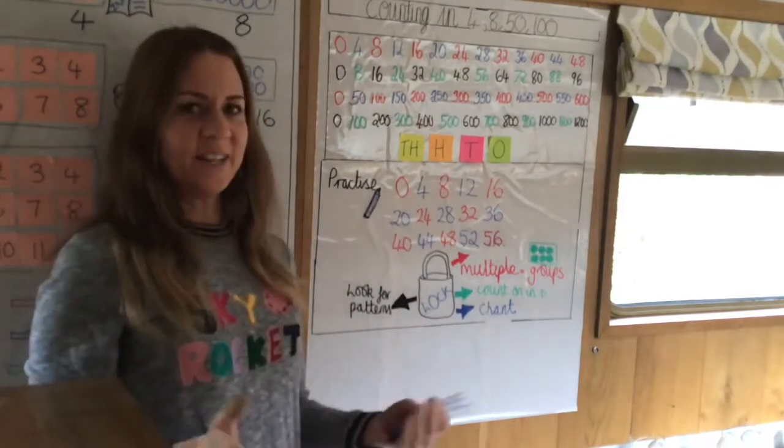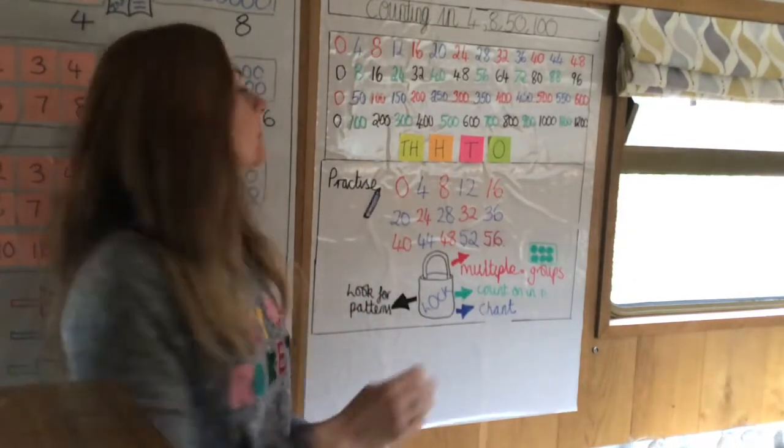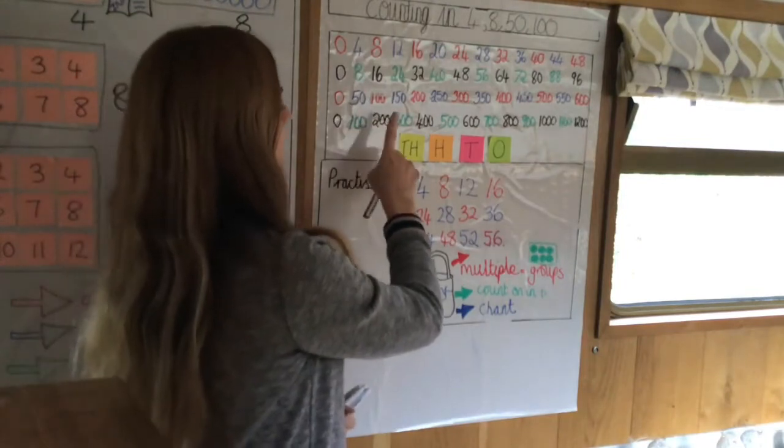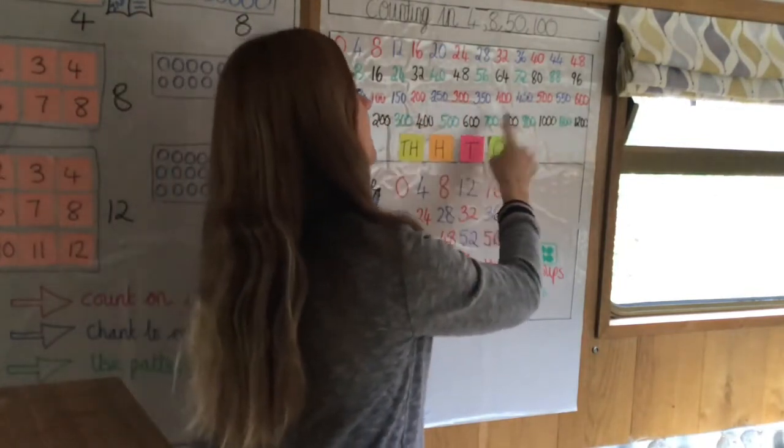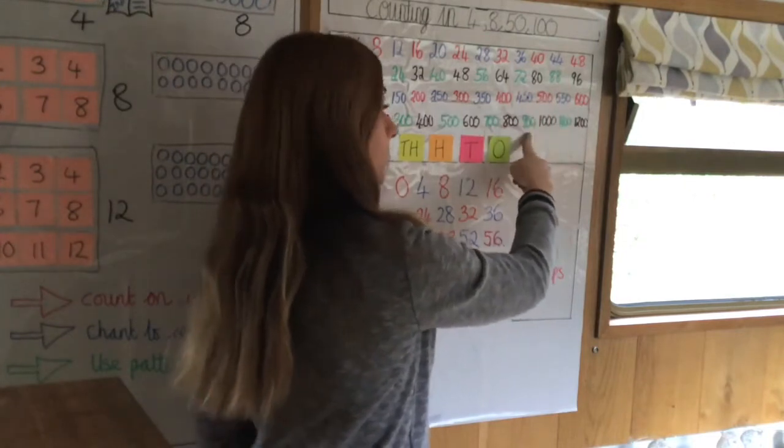And very easy now, counting in hundreds. 0, 100, 200, 300, 400, 500, 600, 700, 800, 900.